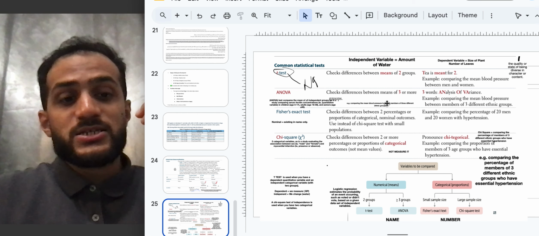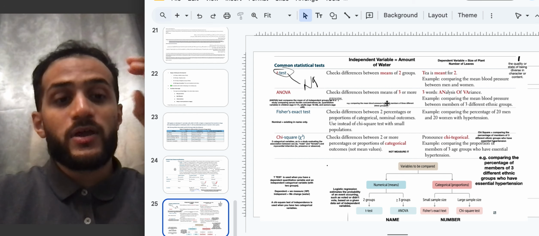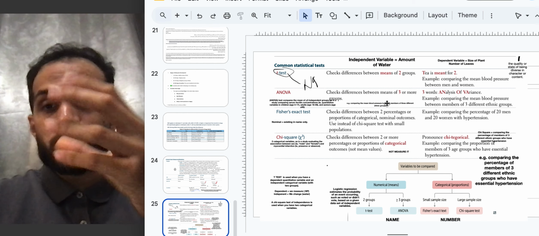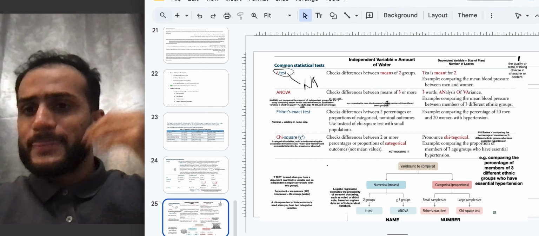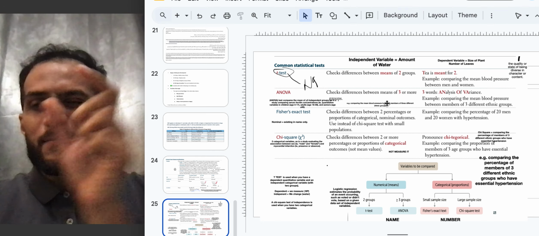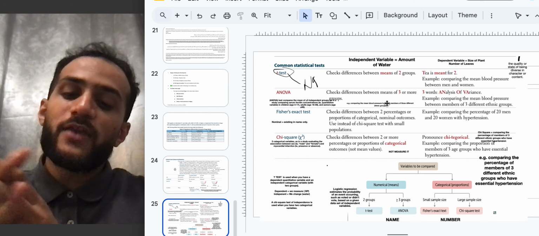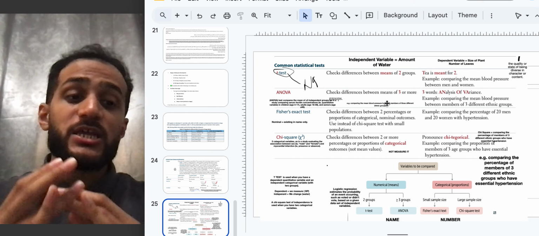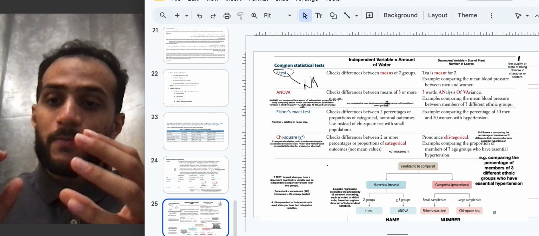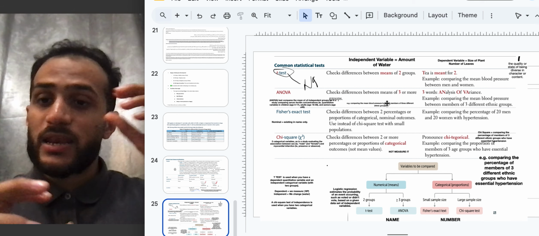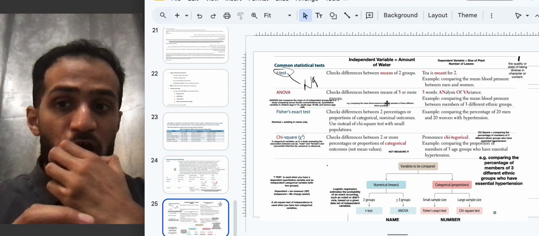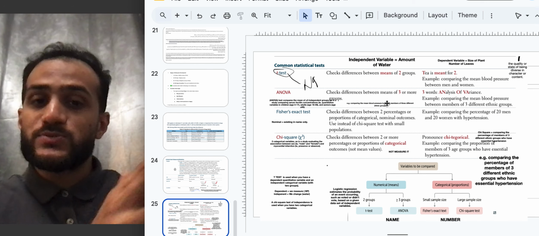The chi-square is going to be comparing three ethnic groups with hypertension. So like the same thing as Fisher exact, but Fisher exact is a little bit smaller and chi-square is a little bit bigger. So you're comparing high blood pressure between Asians, Africans, and African Americans. So that's really similar here.